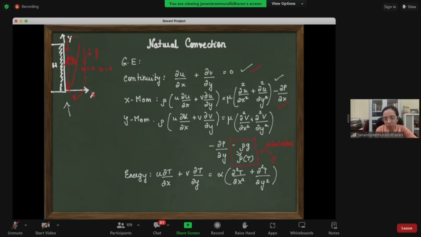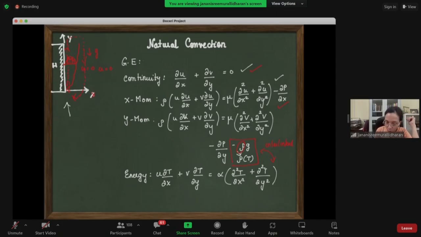What is the source term? The gravity-based source term. Because the density changes, which is driving the flow, you have a source term called rho g. Okay, so I've added a source term for the density. But because the flow is driven by a density change, which is driven by a temperature change, this rho here is a function of T, temperature.